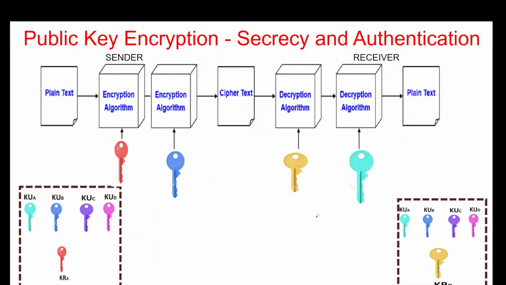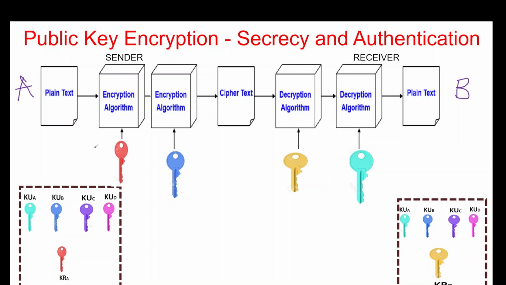Now let us see how we are going to provide secrecy and authentication in the same step. Because we cannot demand that I need only authentication or only secrecy. We need to provide both authentication and confidentiality. Now take the same case of A and B. If we need both, we need to use the public key crypto system twice. That is, we need to use the two types.